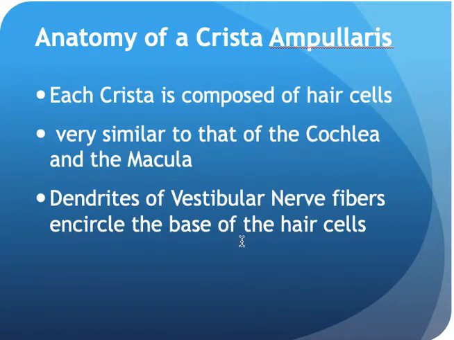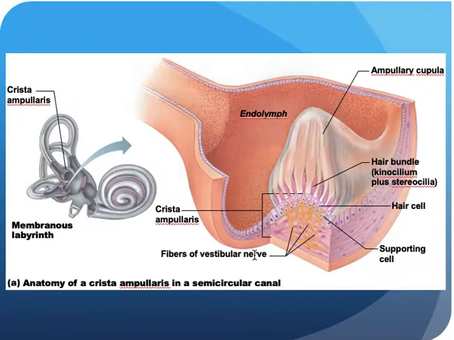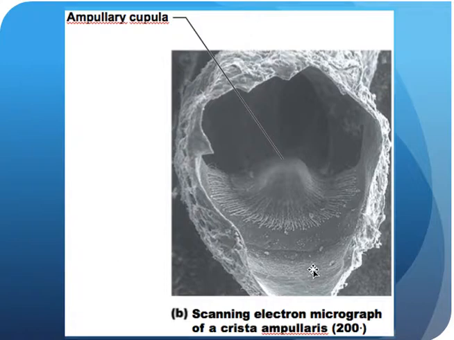You're going to have the dendrites of the vestibular nerve encircling the bases of the hairs. Okay, so we're looking at bending hairs and stimulating these nerves. The only difference in this case is that the hairs are going to be moved by rotational movements. And here's a real picture of the crista ampullaris, which is really cool to see up close on the microscope.